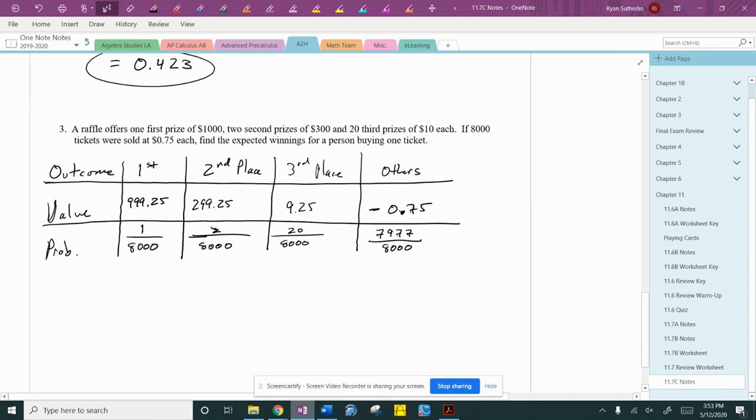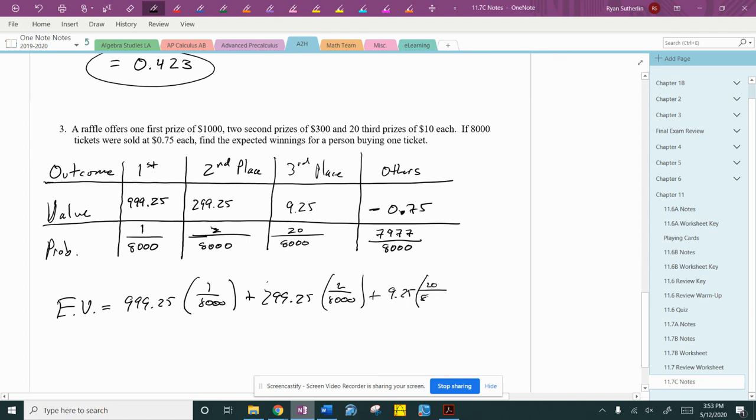And so now, the expected value of playing this game. So I have my first value times my first probability plus my second value times the probability. And so I didn't always do these with tables, but I have found making that table really helps to keep me and my thoughts organized as I do these problems.